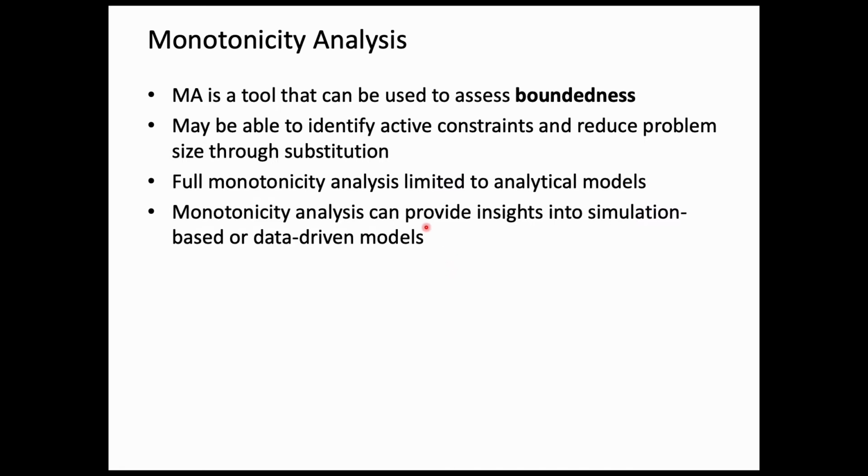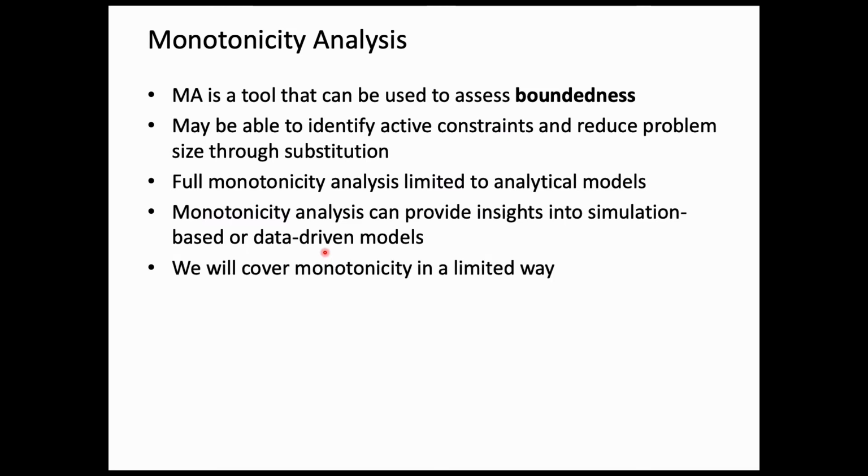One of the big differences, though, is monotonicity analysis using these types of models will be an approximate analysis. We likely will not be able to prove anything, but it can still give us some insights, and it's often very worthwhile in performing as we're going through the problem formulation cycle.